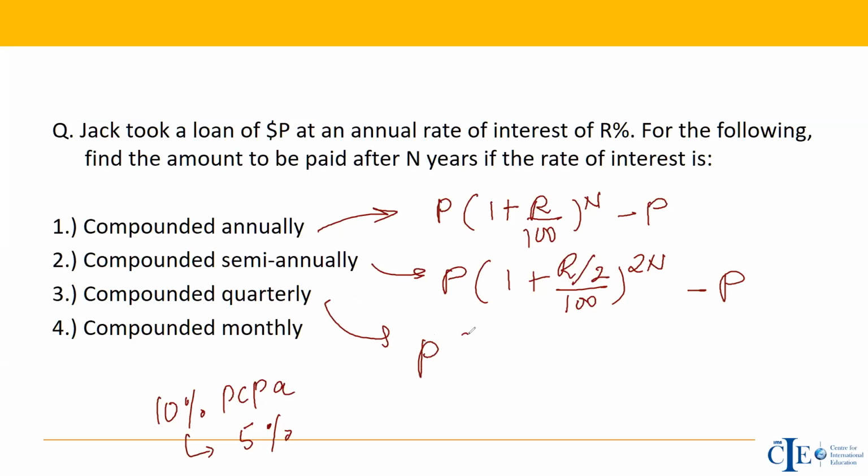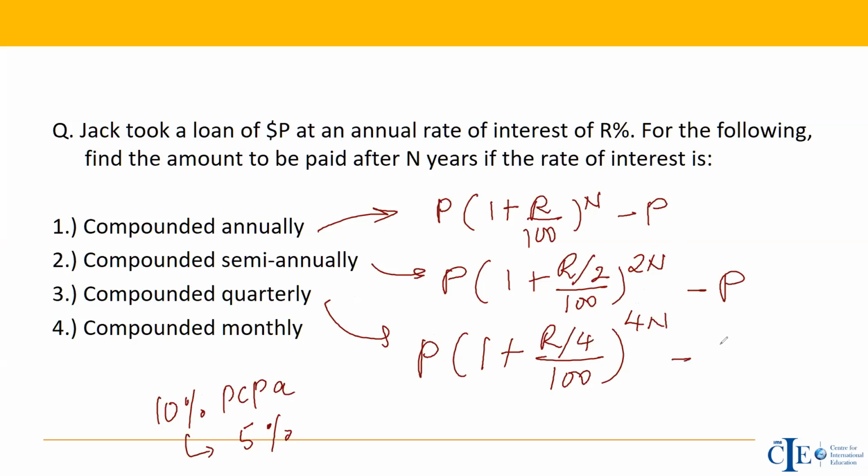Similarly, on a quarterly basis, we'll have 1 plus R by 4 on 100. It becomes 1/4 of the 100, so the fourth value. So if it's 10%, it will be 2.5% every quarter, and this becomes 4 times.